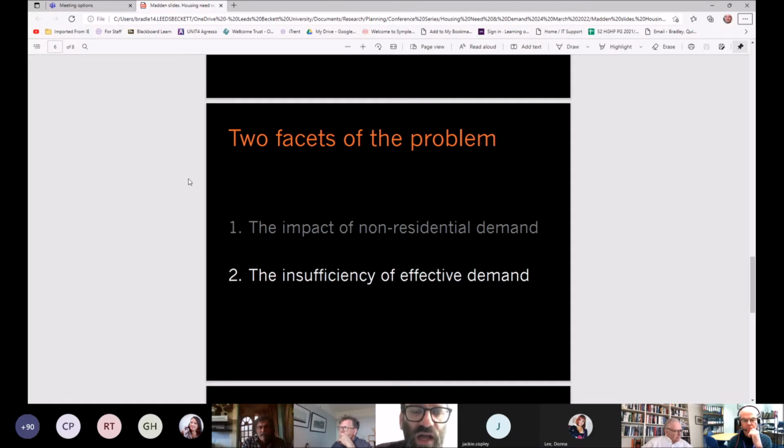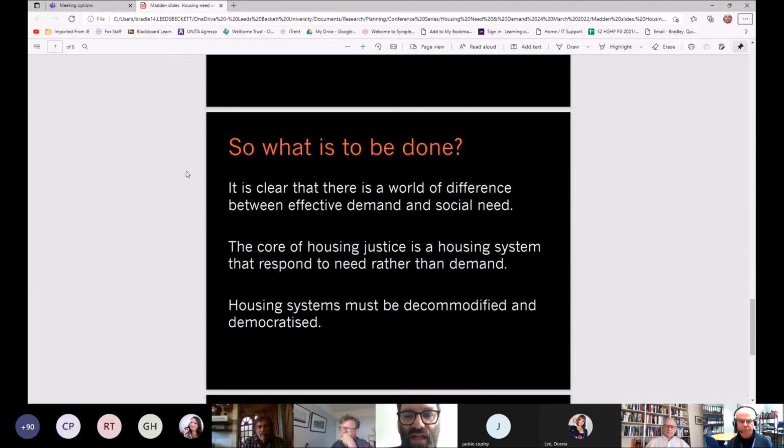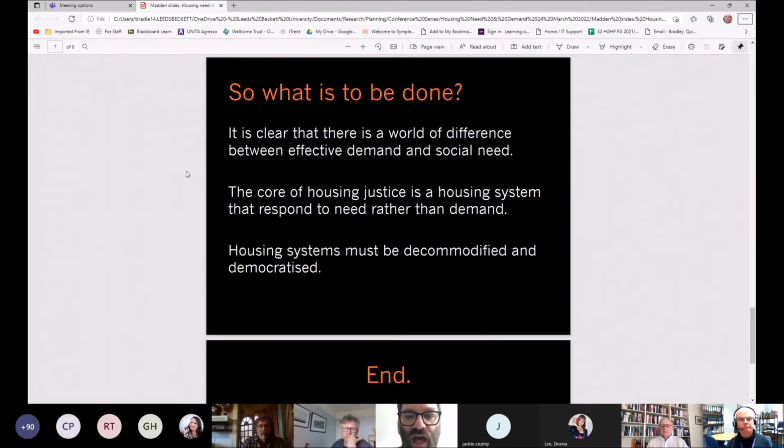But when the ability to pay is all that matters and there's no regulation of prices, markets can effectively ignore this vast housing need. And there's no way in which this component of housing registers with the people who are constructing and distributing housing. So let me just wrap up with the next slide.